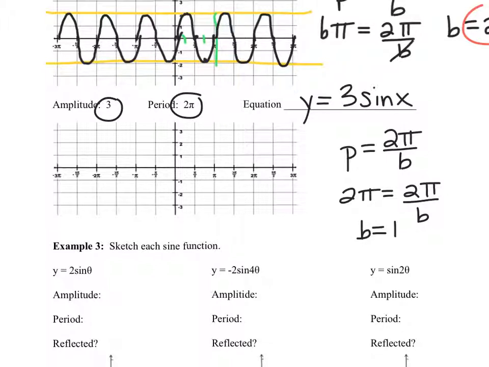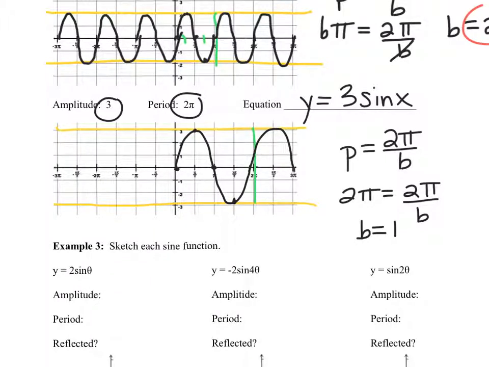So again, my amplitude's 3. So I'm going to make this graph go in between 3 and negative 3. And my period is 2 pi. So one cycle is going to go between here and here. And it's already broken up into fourths. So I'm going to start at 0 and do 0, max, 0, min, 0.